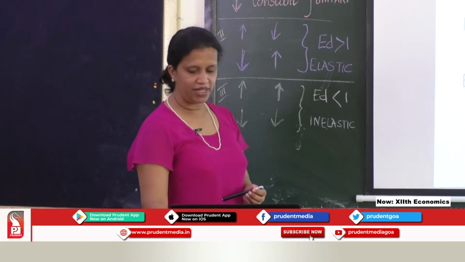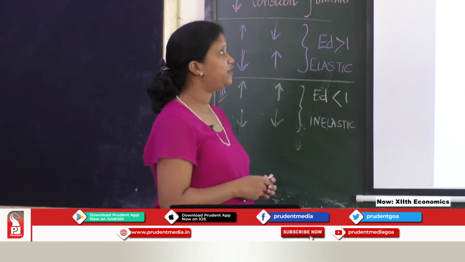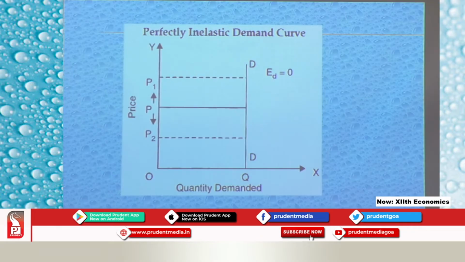So, therefore, in case of perfectly inelastic demand, what is the shape of the demand curve? It will be a straight line as seen in this curve, D. A straight line parallel now to the y-axis, right. Now, this straight line tells you that the quantity demanded is fixed. OQ is the quantity demanded.